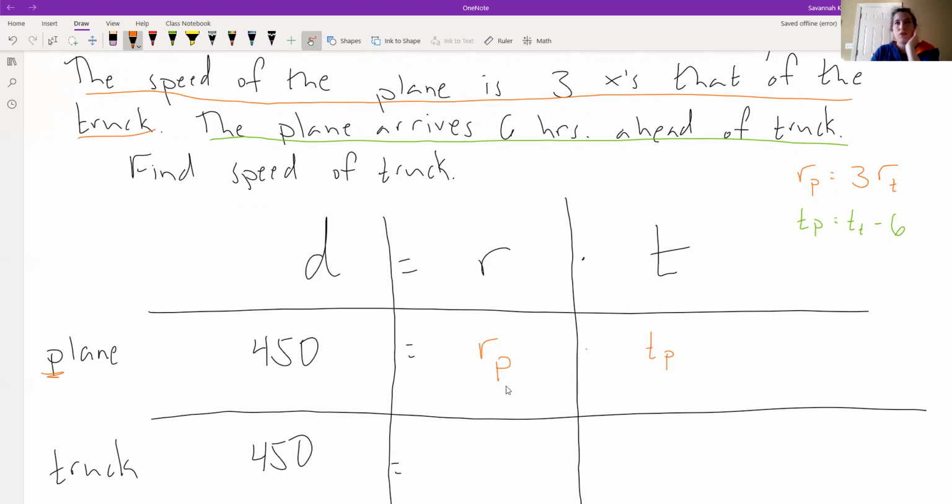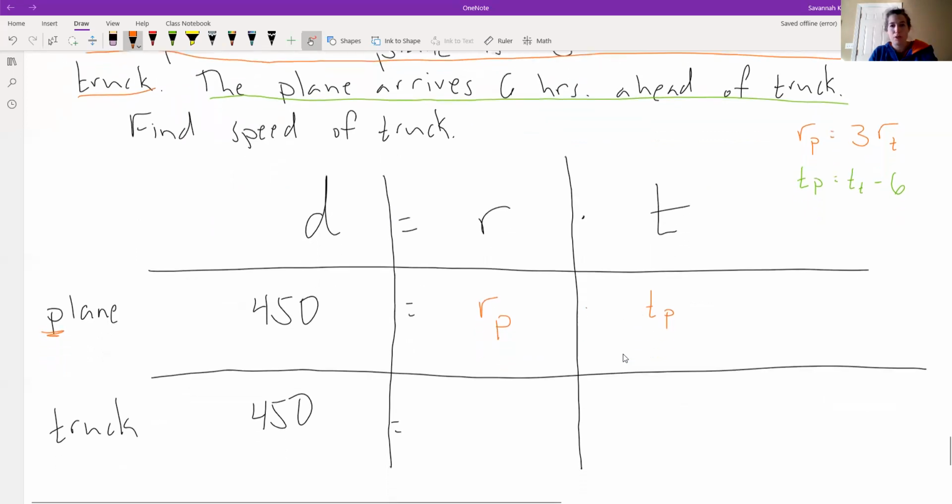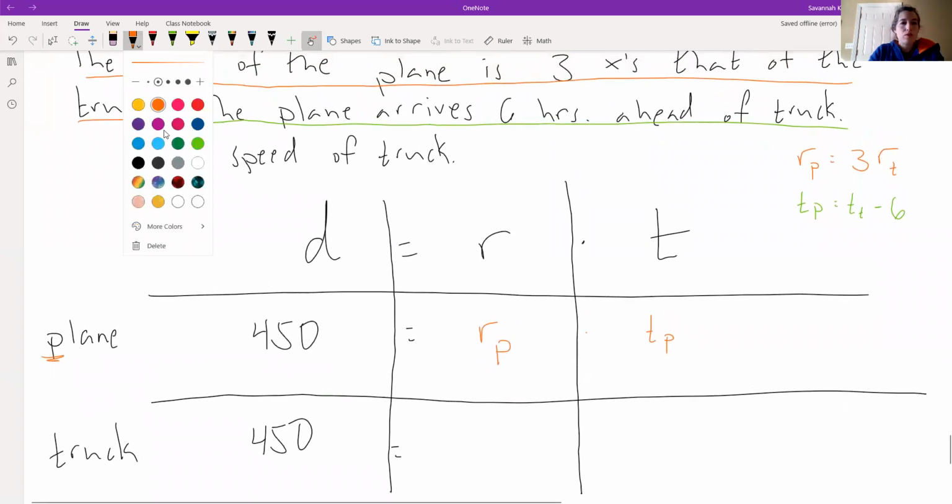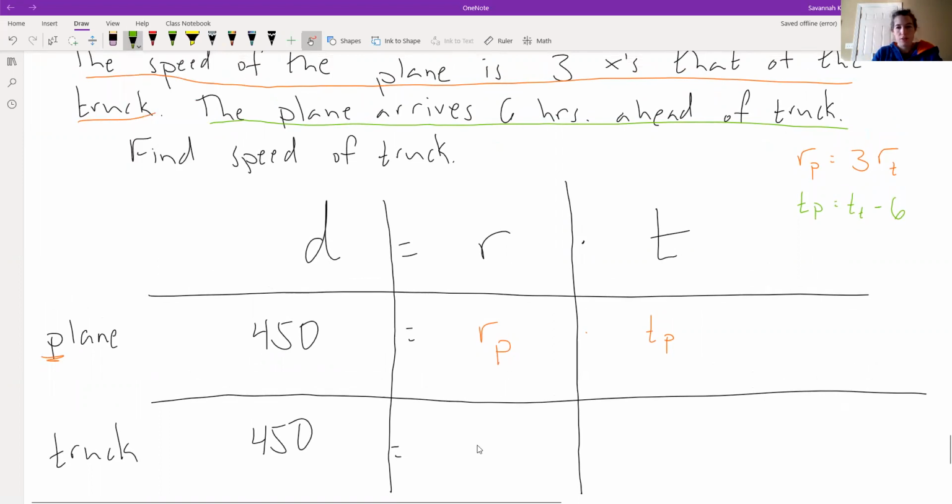So you know me, if you've watched enough of these or been in enough of my classes, I always like the little subscripts to keep my different planes, trains, and automobiles separated from each other. Okay, now just for continuity here, the truck would technically be rate of truck times time of truck.